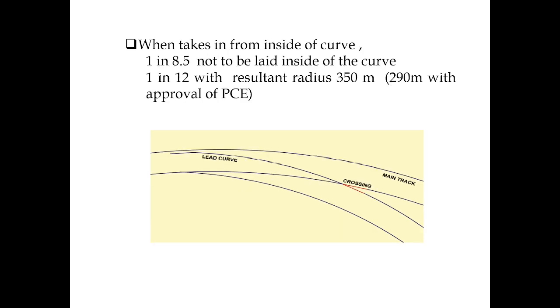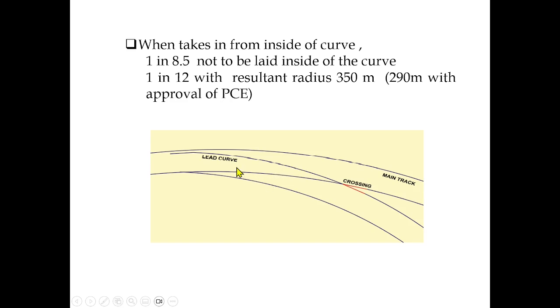And coming to 1 in 8.5 in similar flexure, that means when the turnout takes off inside of the curve, we should not use 1 in 8.5 points and crossing, because 1 in 8.5 is already very sharp, with 230 radius. When you provide it in the form of similar flexure, the main curve will also be added here.